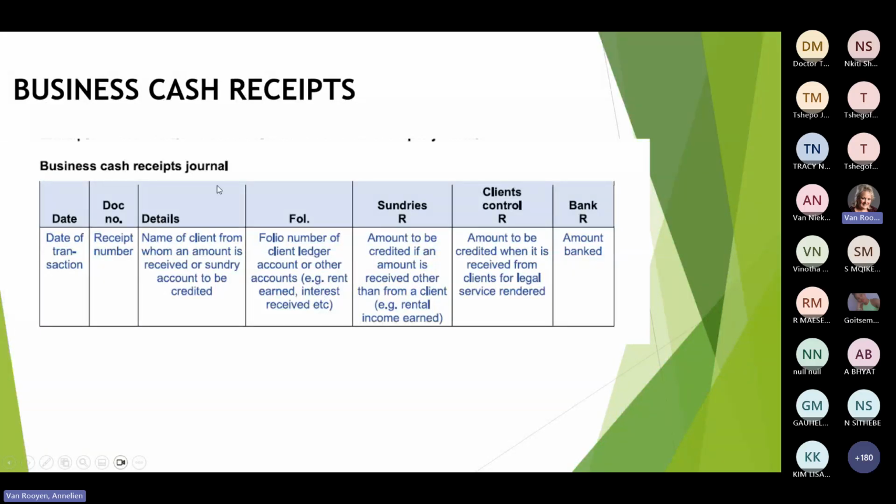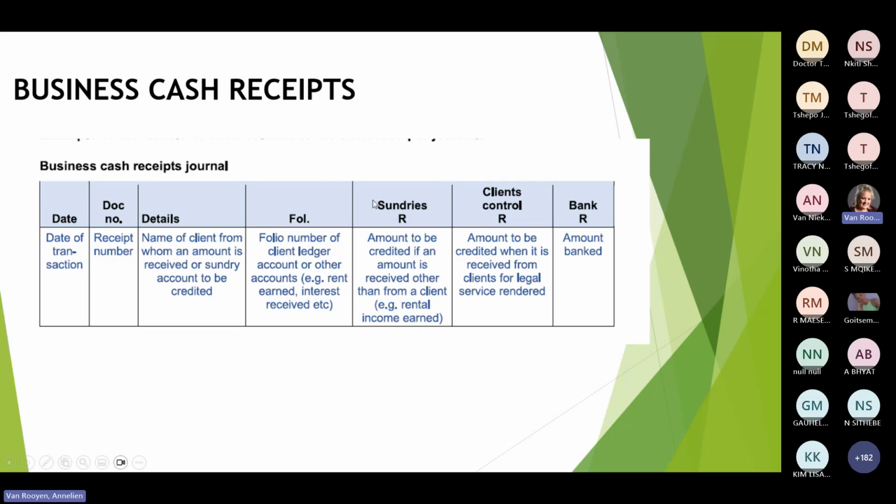Or you debit your bank account and credit your interest received. What account number is that? Sundries, every income that's not related to the normal business that you are doing. For instance, rental income or interest received on an investment or a donation or capital.